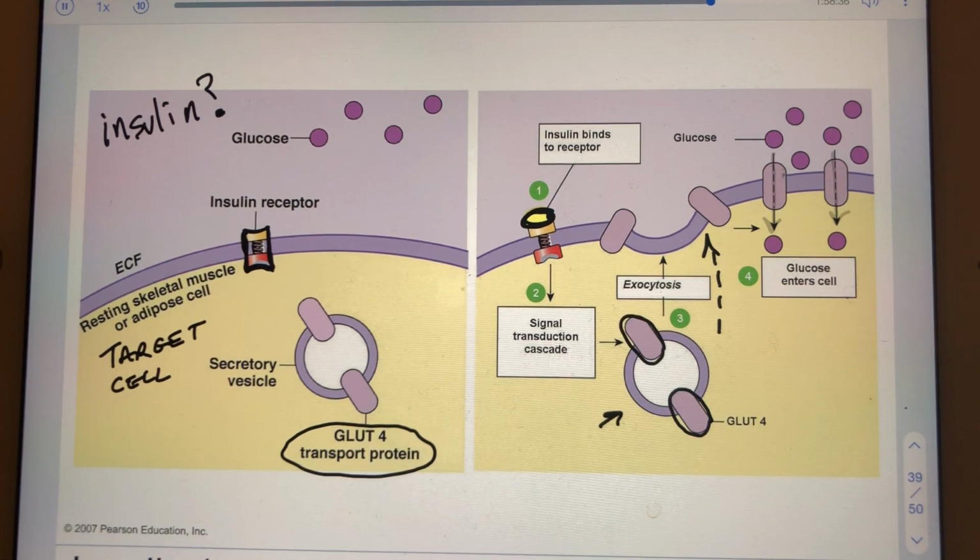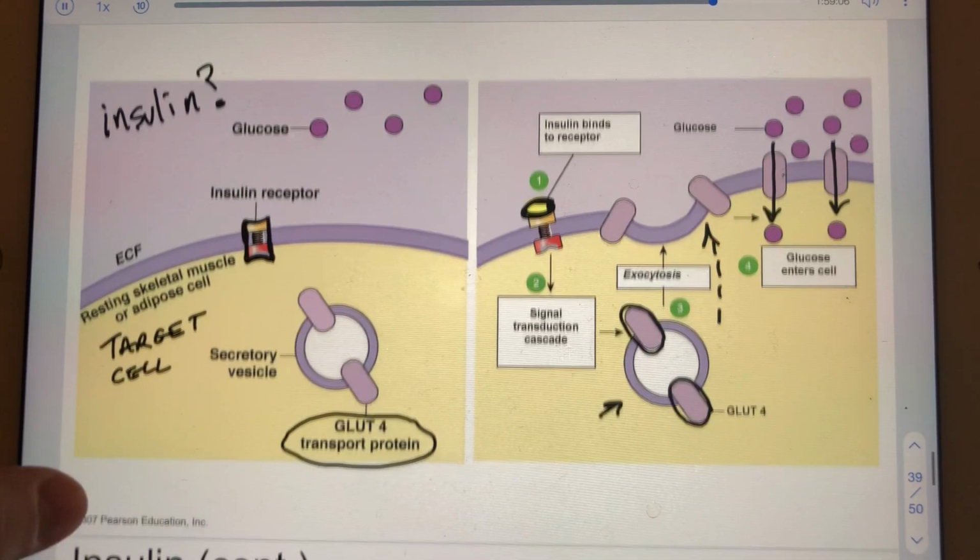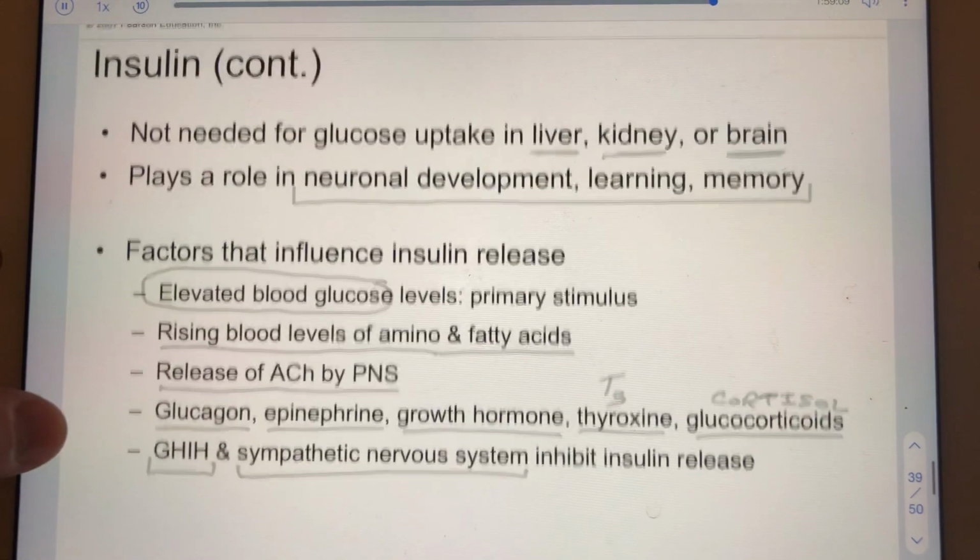And now that those are installed, yes, temporarily, glucose has channels to allow it to enter these cells. Isn't that fascinating? Because hormones degrade, yes, insulin will degrade, and yes, we're going to reform these vesicles and bring them back into the cell. In other words, the installation of GLUT4 transport proteins is, again, temporary. So cool.